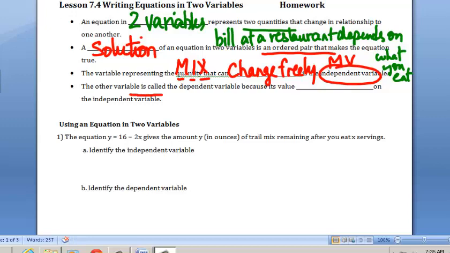And the other variable, which is the dependent variable, because its value depends on the independent variable. This is the dependent variable, or remember the DRY, the dependent variable or the responding variable, which always goes on the y-axis. Again, there's no difference in graphing in math and science.